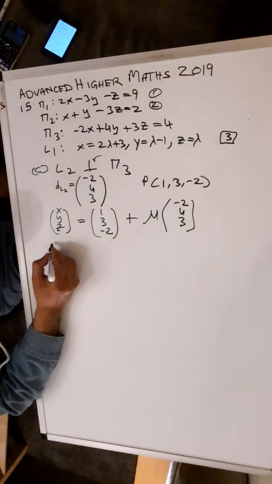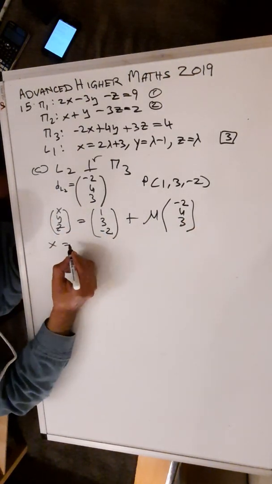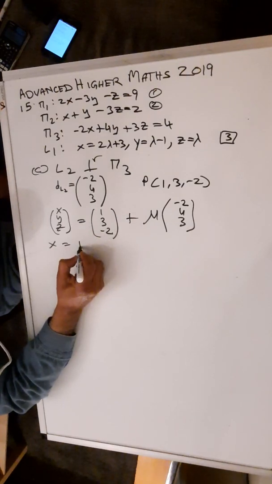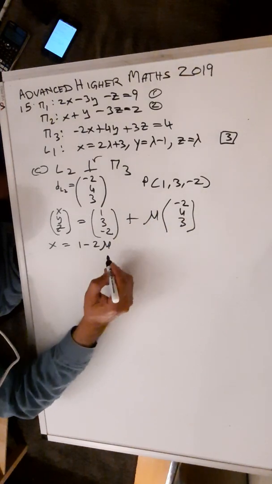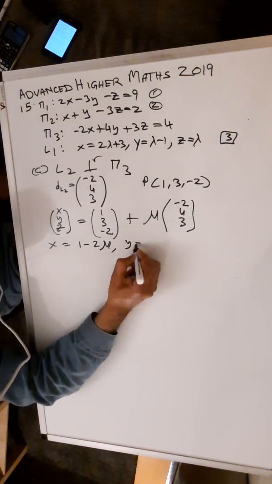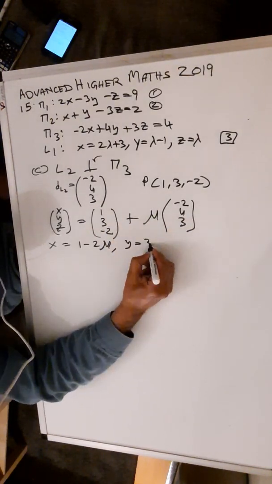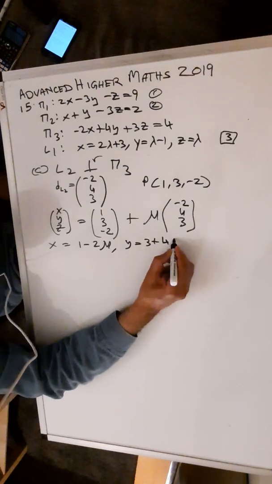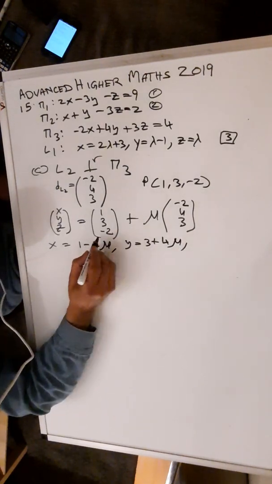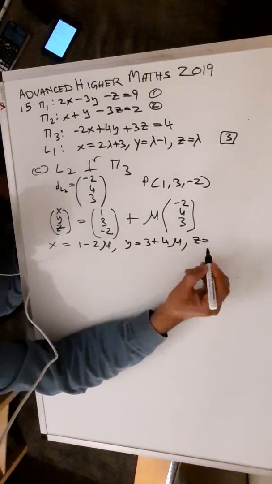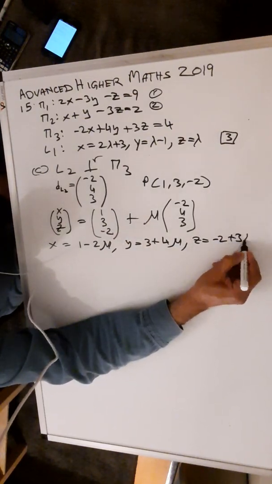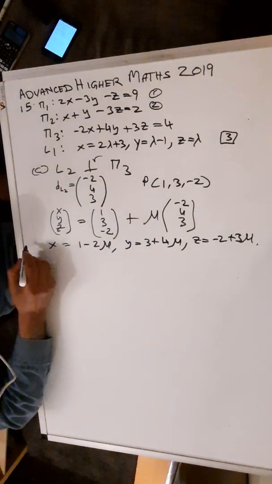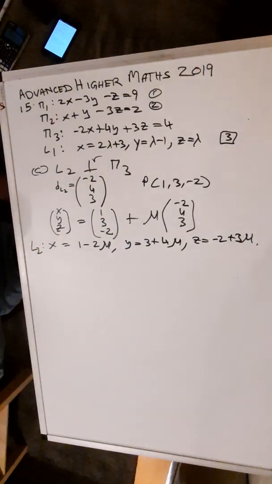That then leads you to the parametric equations. X is 1 minus 2 mu. Y is 3 plus 4 mu. And Z is minus 2 plus 3 mu. This is L2. You've already got L1 there.